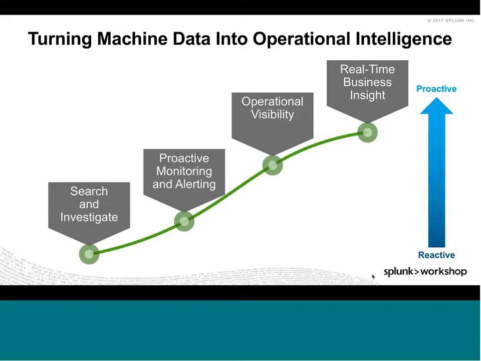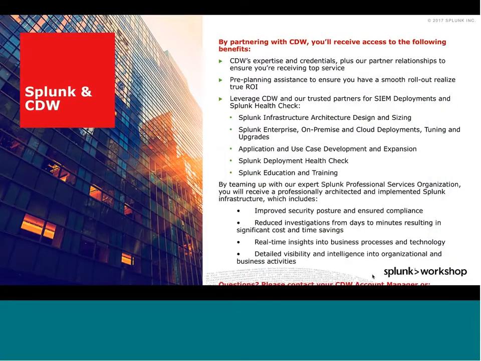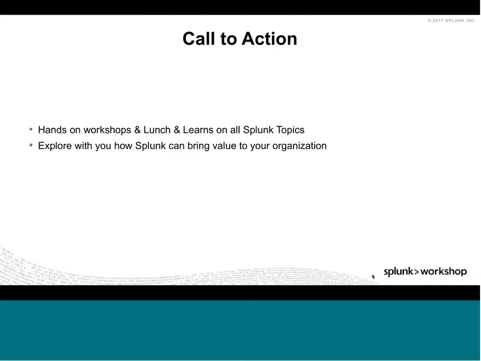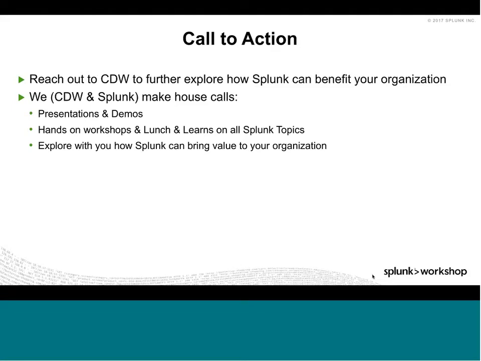And this is the trick of operational intelligence, where we start out first by searching and investigating, but then as we get more mature, we're now proactively monitoring and alerting for different conditions. We get operational visibility. We can see what's going on in our infrastructure in real time. And then finally, we're getting real-time business insight.